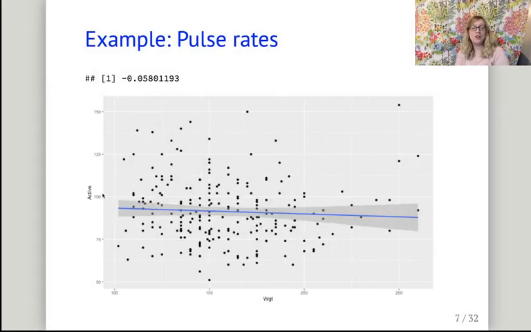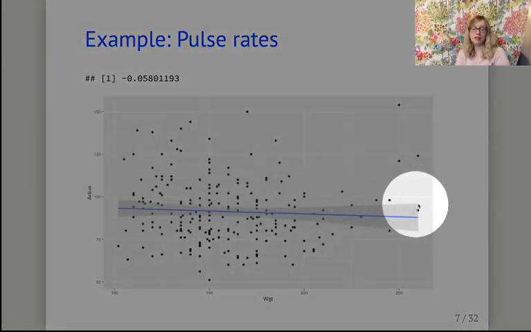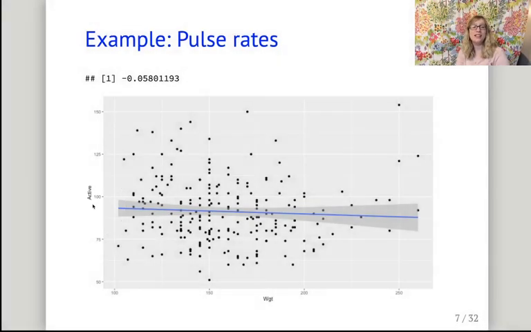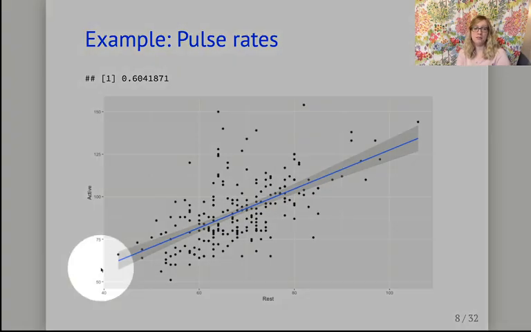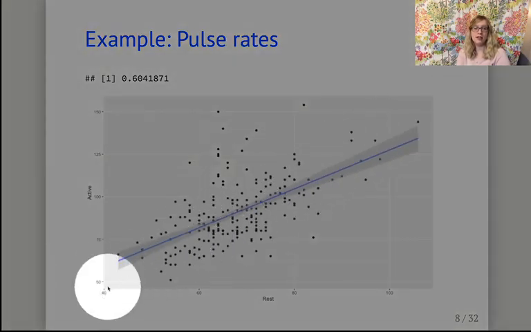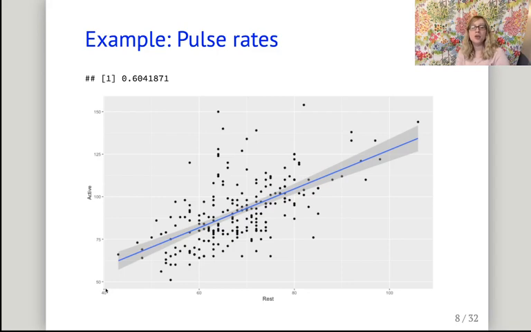Weight has almost no correlation, and in fact you can see that the linear trend line, if we added it, is essentially flat. As weight increases, there really isn't an overall effect on a person's active heart rate. However, as you might expect, there is a strong correlation between resting heart rate versus active heart rate. So one would imagine that if we created a model with all 3 of these variables, resting heart rate should probably be the most important one.